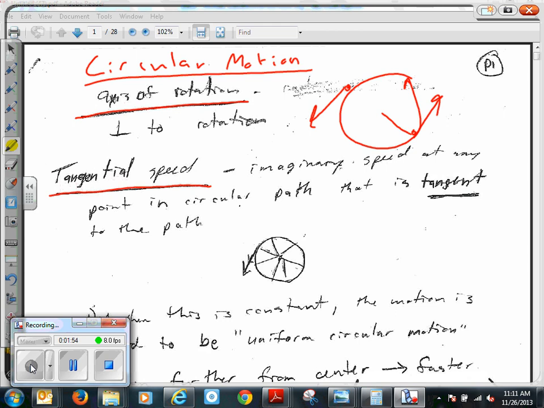Thank you, Tyler. Because at every instant, this is going to change direction, right? So, by definition, the velocity would be continuing to change, right? But when I say tangential speed or tangential velocity, it's at a specific point in time.